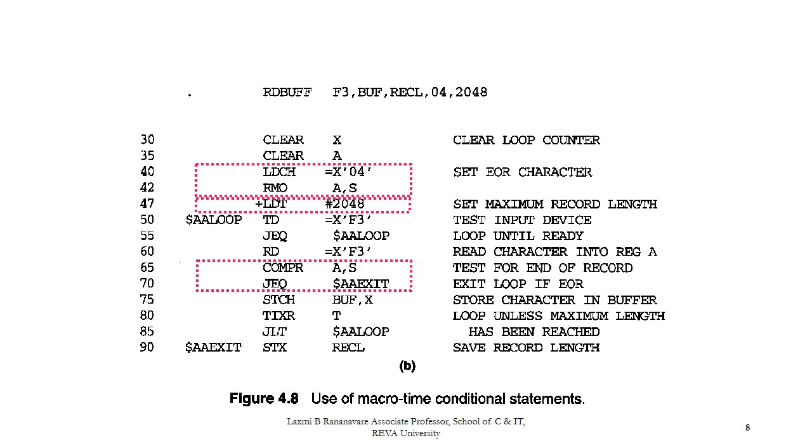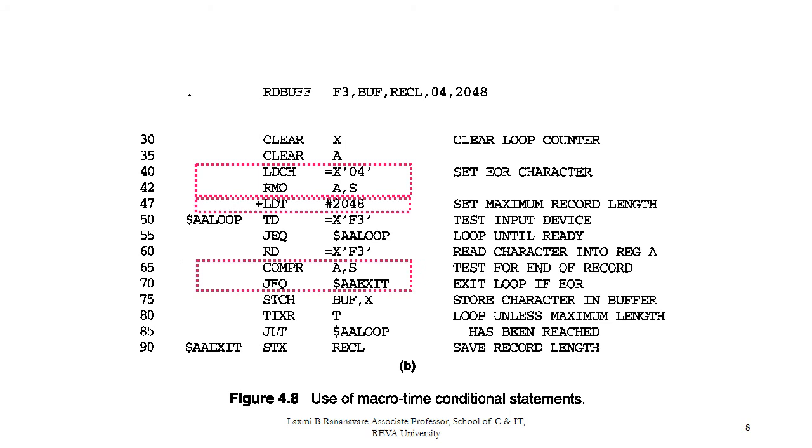So we store the character in A at location buffer plus the contents of the index register. The target address is computed as buffer plus the contents of the index register, and whatever is in the accumulator is stored at that location. After that, the index register X is incremented by 1.